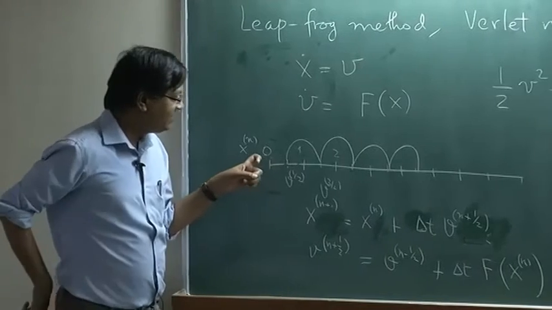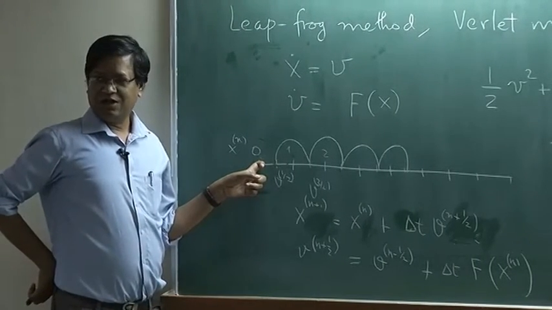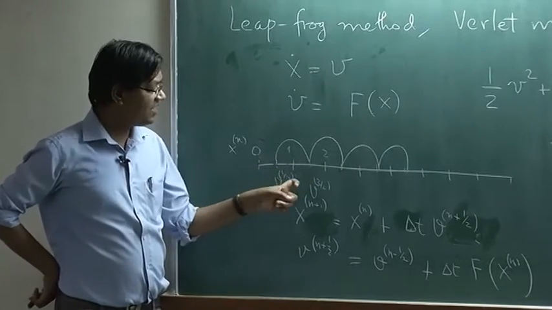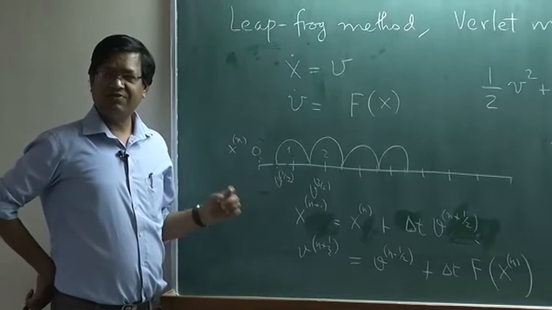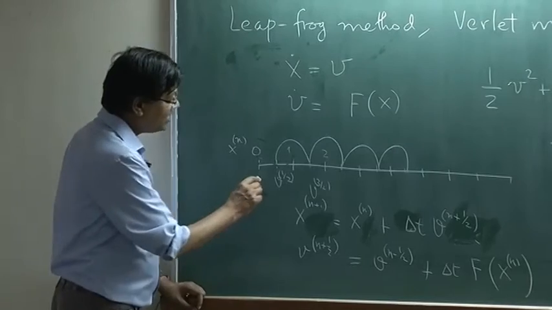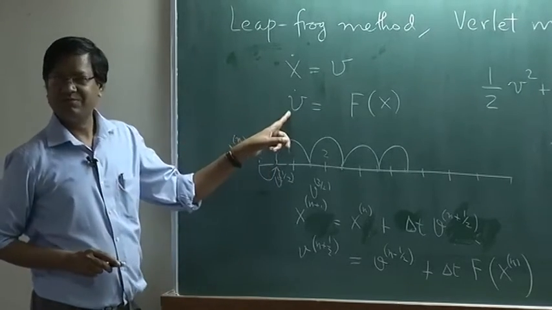Now the only difficulty is, how do I start? My initial condition is typically given at t equal to 0, but my velocity starts at half, v at 1/2, v at 3/2. So for the first step you can use the Euler scheme. From here you can jump to here by applying the Euler scheme.